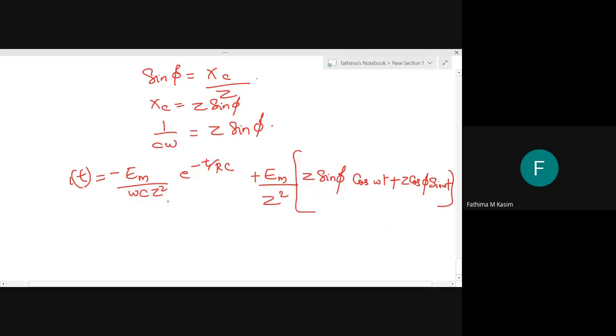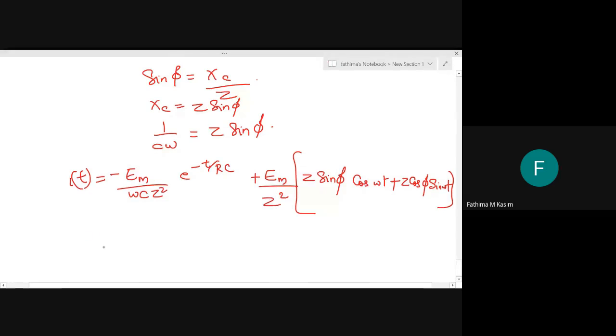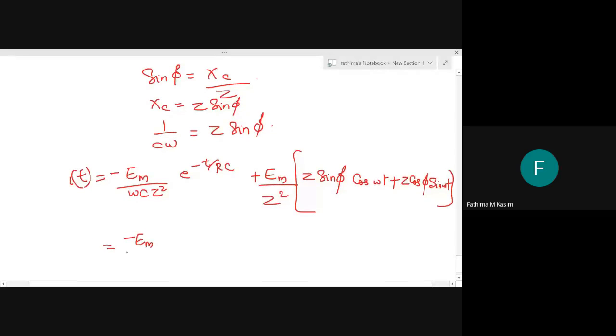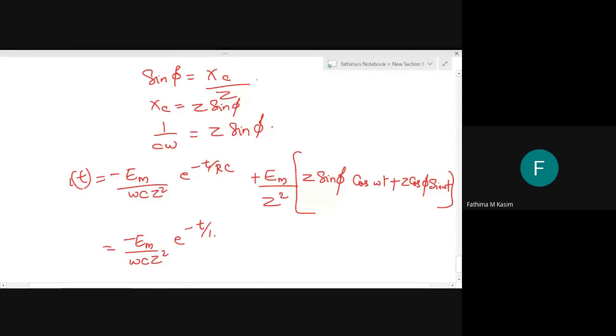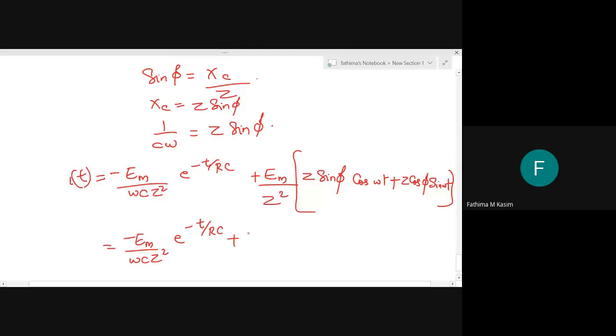So I can take this Z outside in the next step. So this can be written as minus Em by omega c Z square e raised to minus t by rc plus Em by Z into, Z is taken outside, so Z by Z square is Z in the denominator. So sin phi cos omega t plus cos phi sin omega t.